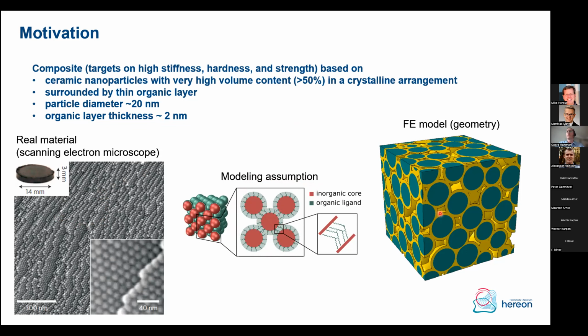On the right side is the FE model that we derive and construct in an arbitrary fashion. We place these particles slightly randomly and fill the whole representative volume element that we analyze.